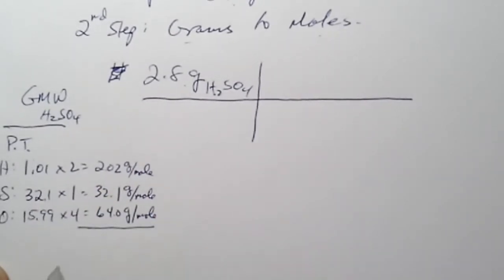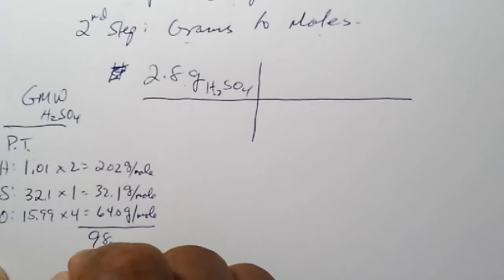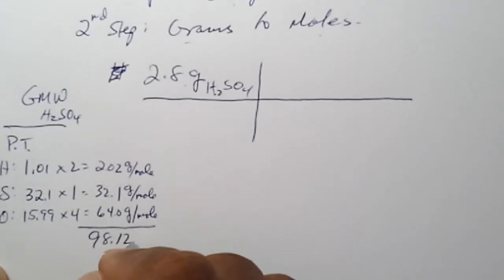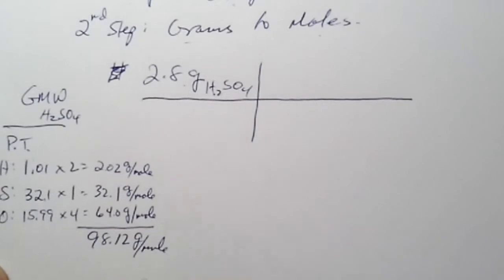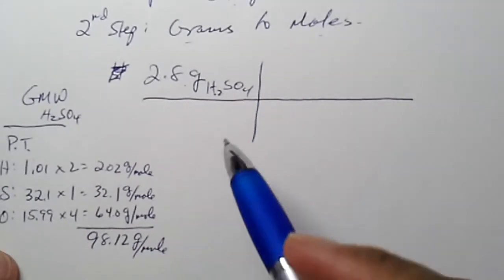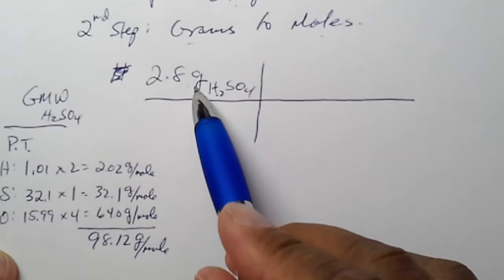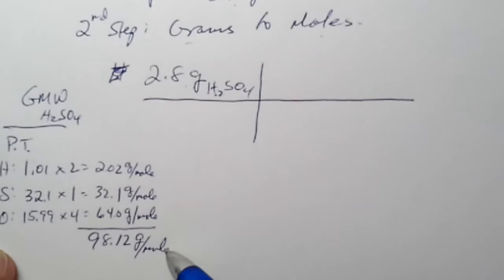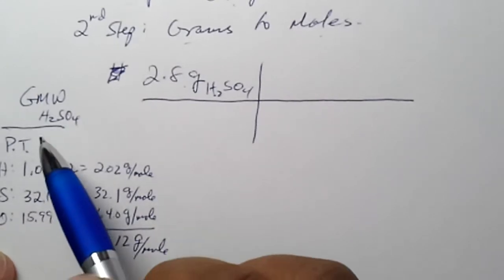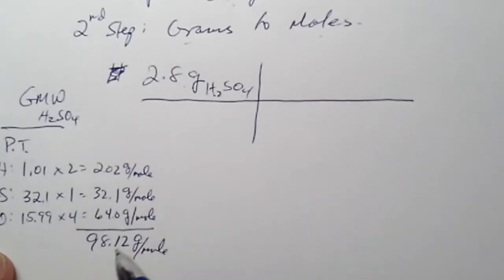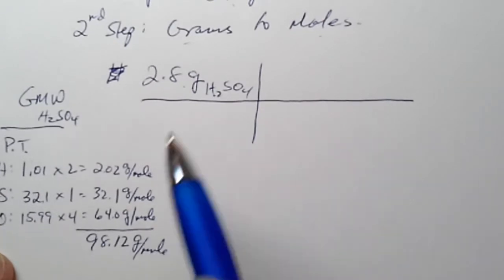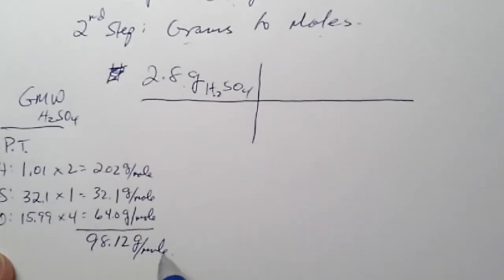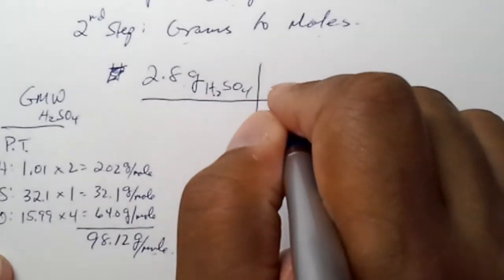So what we do is add that up, and we get 98.12 grams per mole. Now you notice the units in our question are grams, and the units for our gram molecular weight of sulfuric acid are grams per mole. We want moles, so we need to set up our grid so that we can eliminate the grams and get our answer in moles.